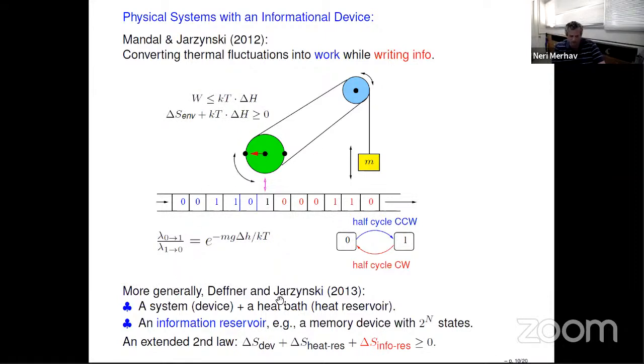And in later works with Deffner and Jarzynski, there's also a memory device instead of a tape, and they show an extended version of the second law, where the change of entropy of the device plus the change of entropy of the heat reservoir plus the change of entropy in the information reservoir cannot be negative.